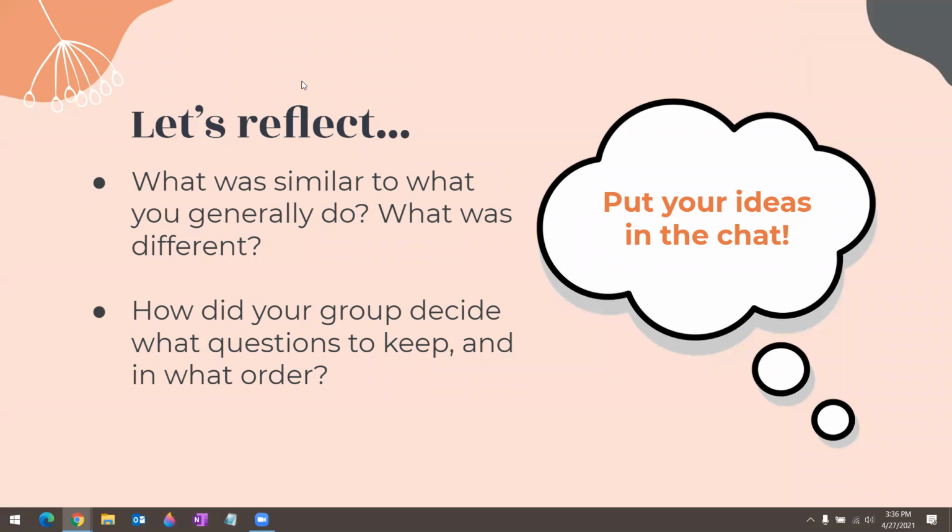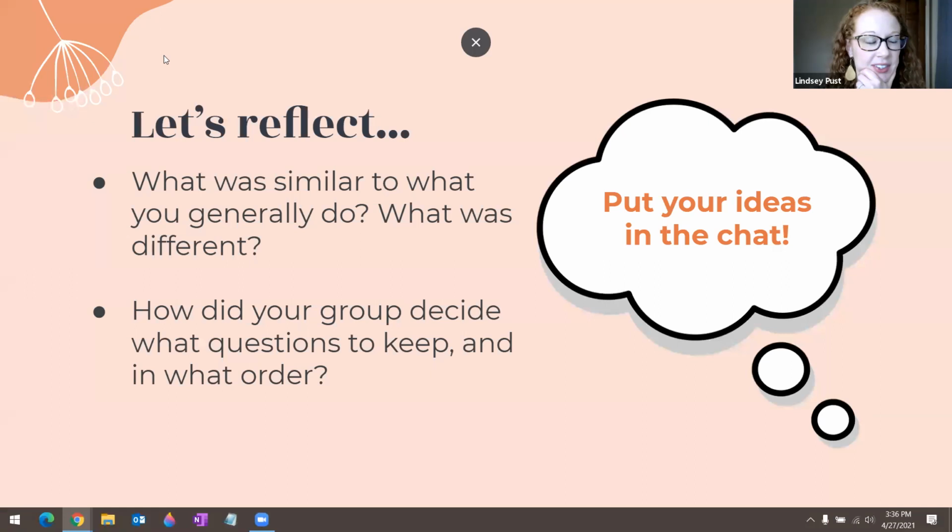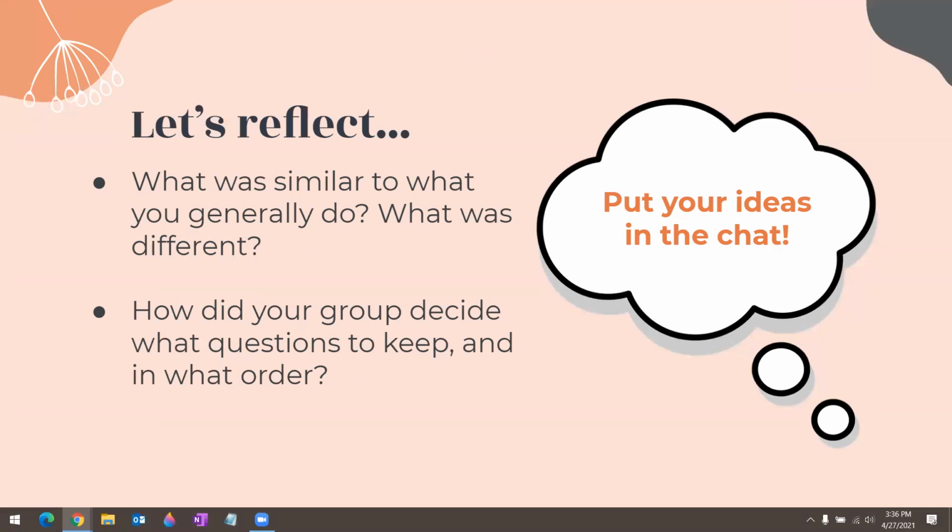Okay, hi. So in our group, we kind of thought about putting on those highlighted questions, what does the text say, how does the text work, and what does the text mean, to make them A, B, and C, and then write questions that belong to that area under it.